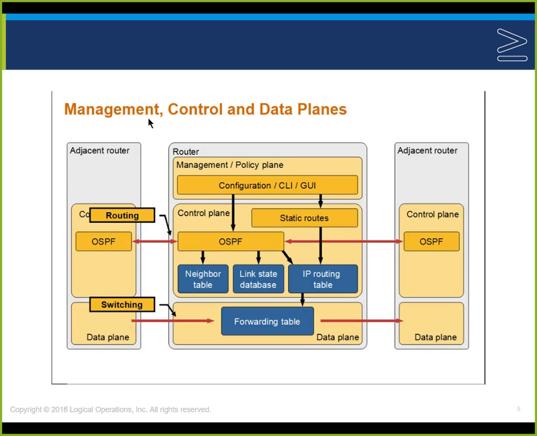A different image, but kind of the same thing. Management plane configuration, the command line interface, the GUI interface, and then at the control plane, static routes, OSPF, the neighbor table, link state database, IP routing table, and down at the data plane, the switching where the work actually gets done, we have the forwarding table.